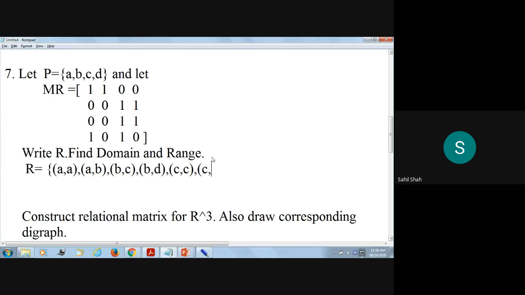Next is C comma D. Next is A comma D. Next is A comma C. This is clear. So you will consider number of rows corresponding to elements of P: A, B, C, D. Again, we are not observing any other set, so the same set will act as number of columns as well. On the Cartesian product of P cross P, this relation has been defined, which is having these many pairs.